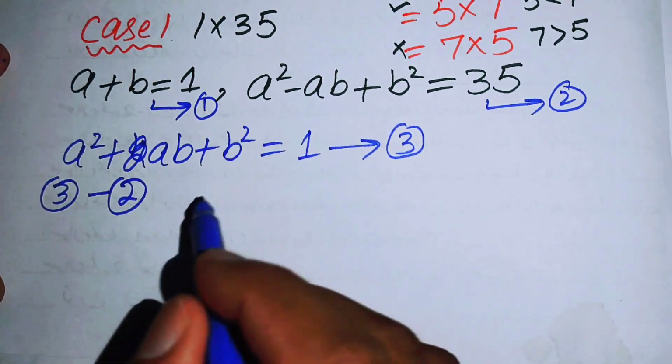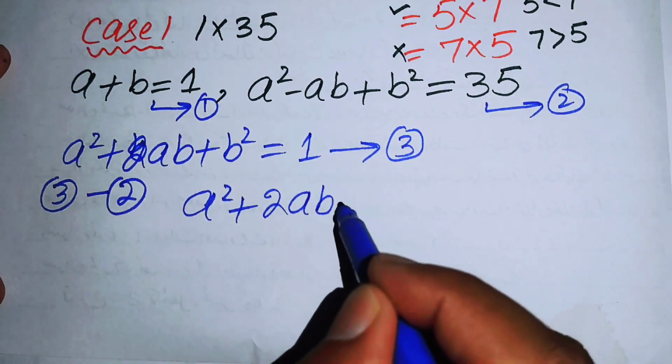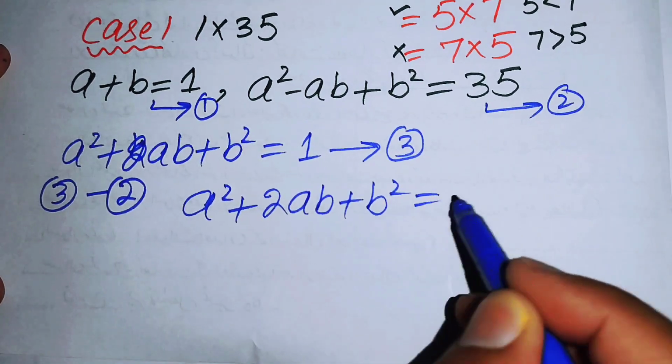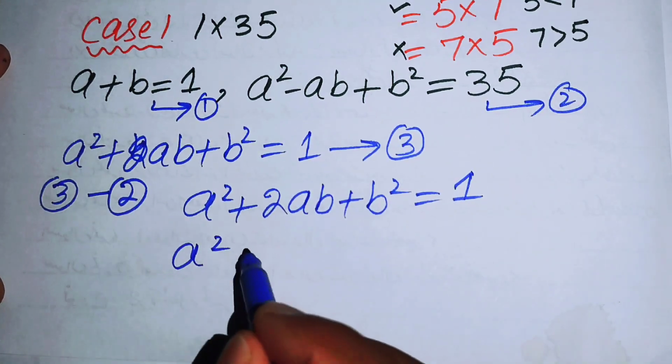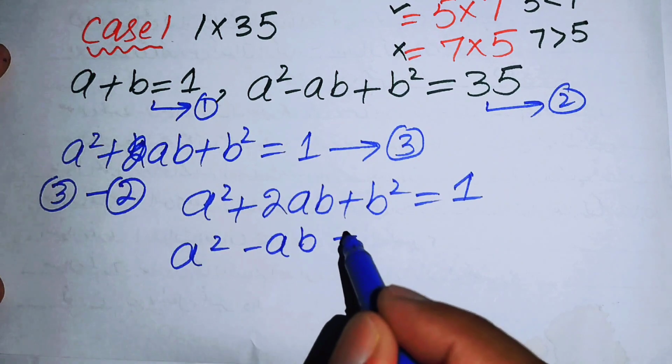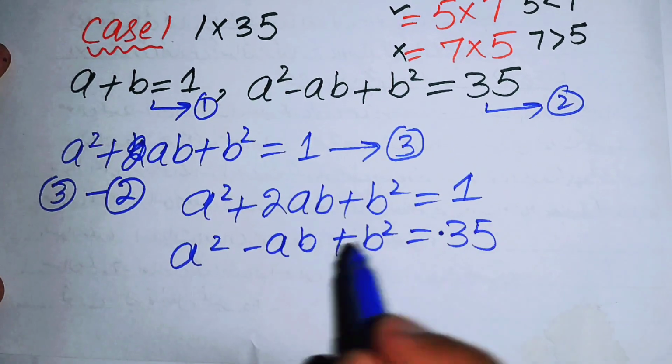So our equation number 3 is a squared plus 2ab plus b squared is equal to 1, and equation number 2 is a squared minus ab plus b squared is equal to 35.